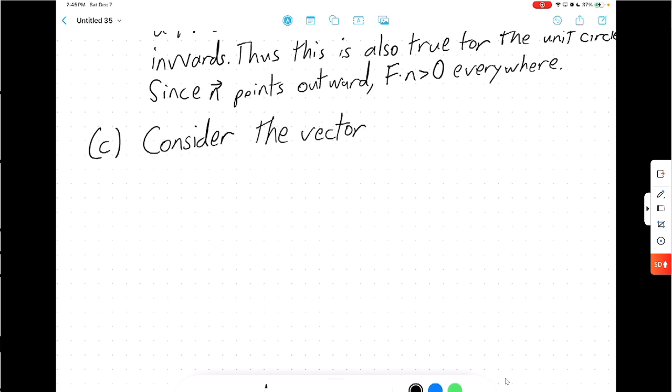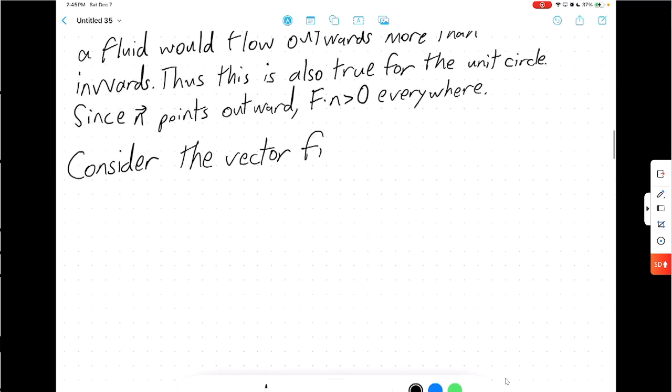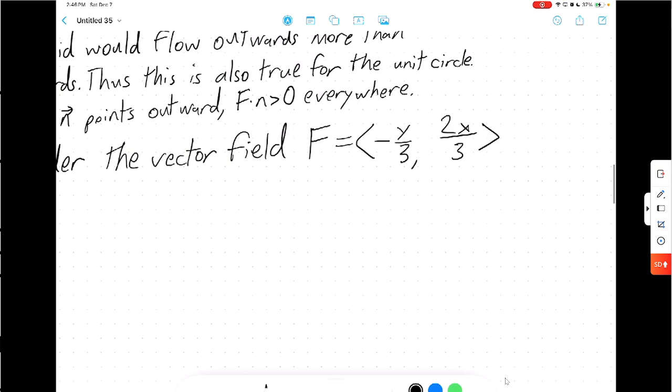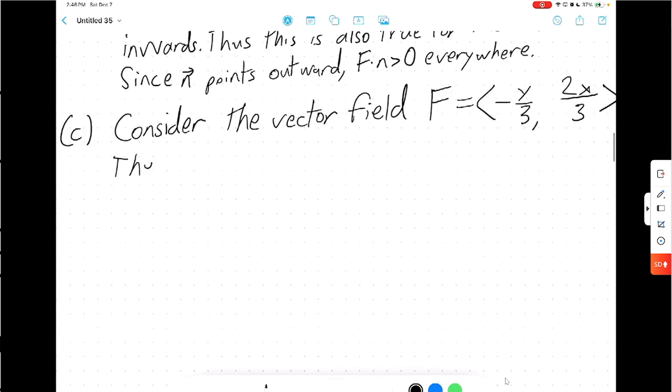Consider the vector field f is equal to negative y over 3, 2x over 3. I'm going to have to write this slightly differently because they write it weird.